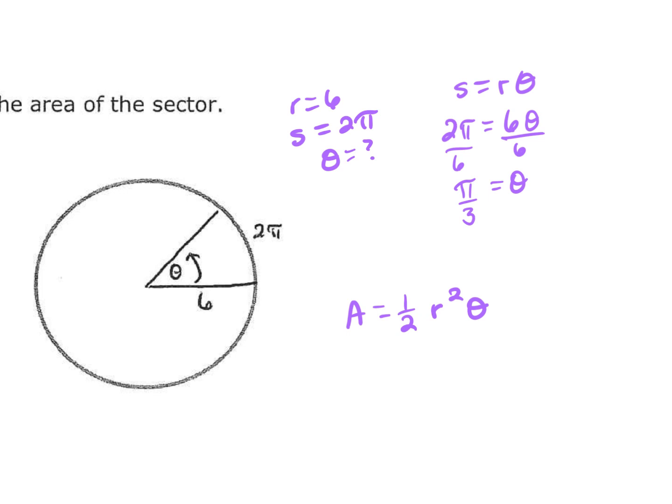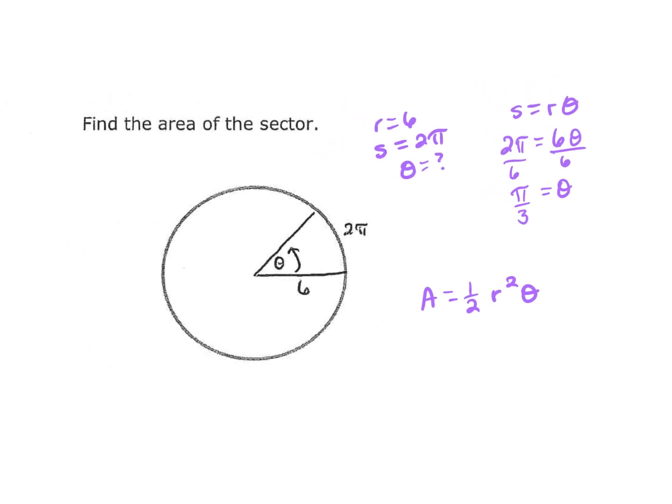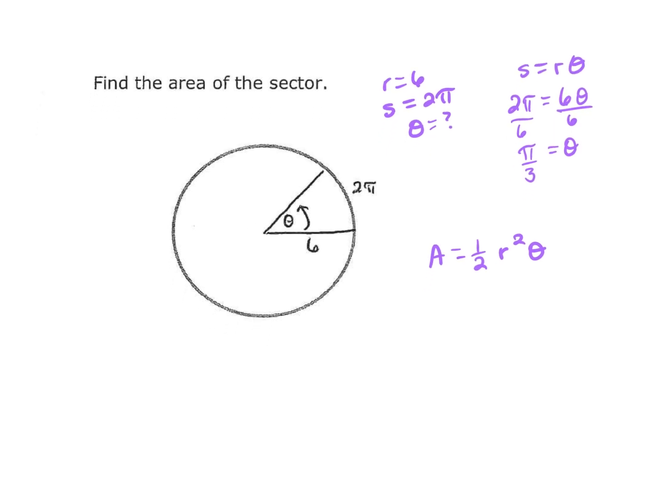So now we can plug into our area formula. Please be conscious of this: just because you're asked for area, you might not be able to go straight to the area formula. You might have to do some other figuring first. Okay, so to find area, we're doing 1/2 times 36 over 1 times pi over 3.